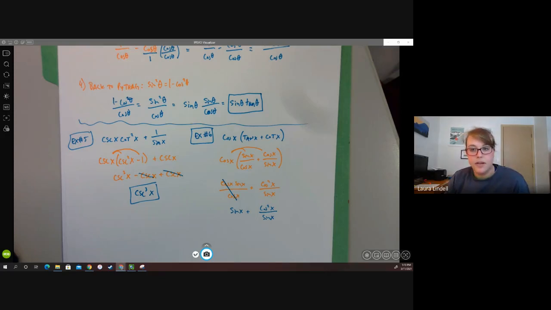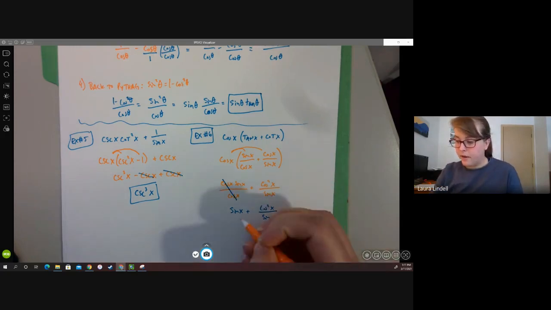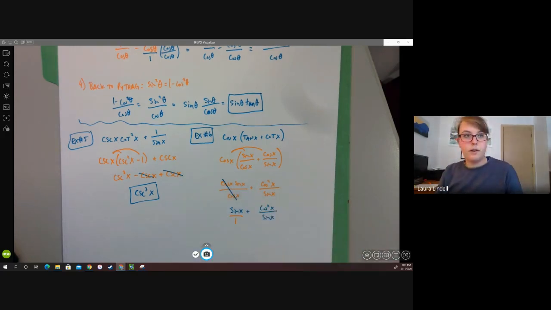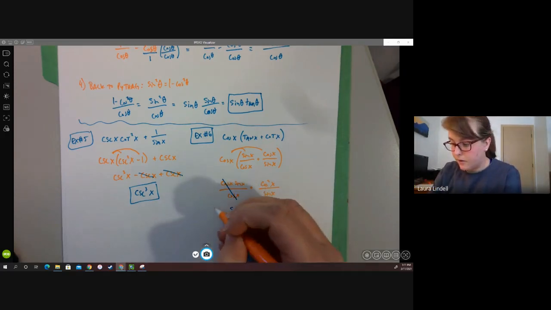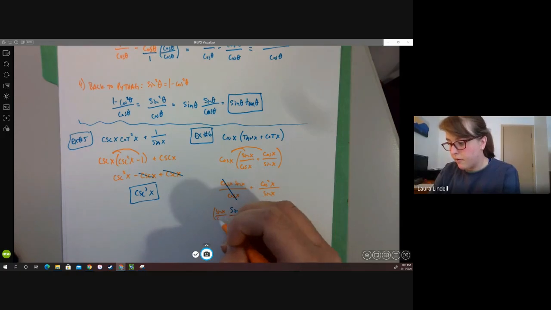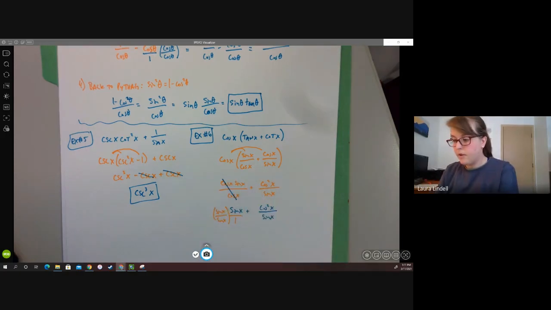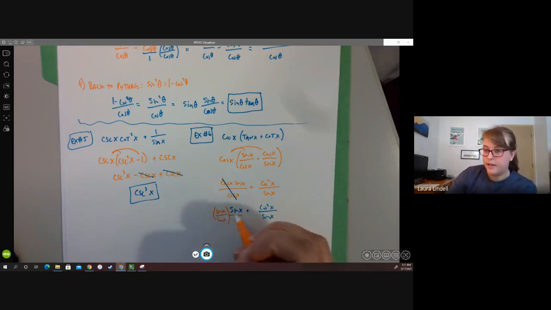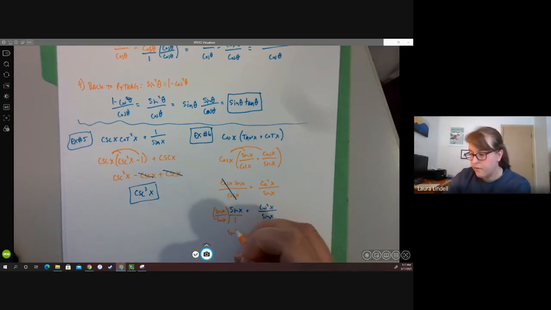What I would probably do next is make a common denominator here. So this one has a denominator of sine, this one has a denominator of 1. So I want my denominator to be sine, so I'm going to multiply by sine over sine. And sine times sine is sine squared.